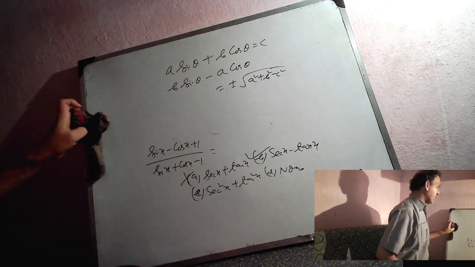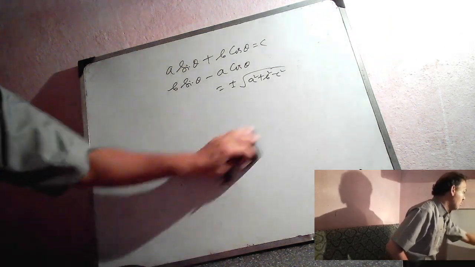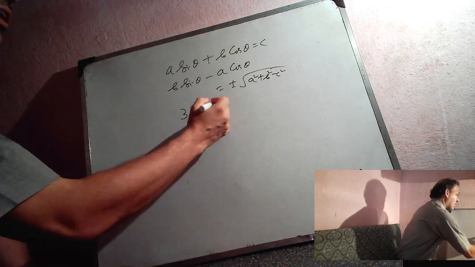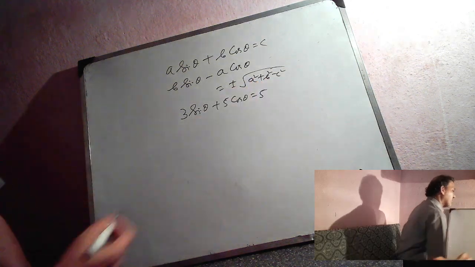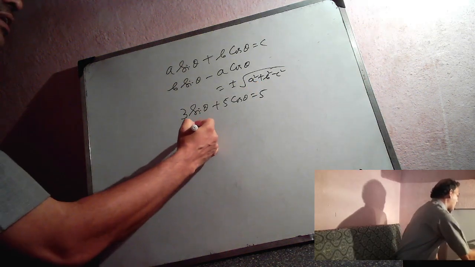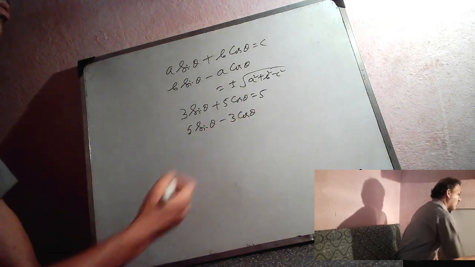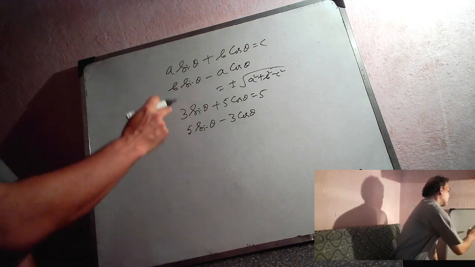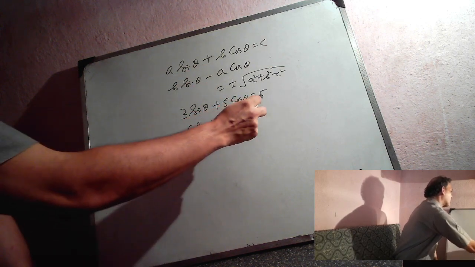Now, for application of this formula, I am giving you 3 sin theta plus 5 cos theta equal to 5. It is given. You have to find 5 sin theta minus 3 cos theta. What will be its value? Apply this formula. a sin theta plus b cos theta equal to given.